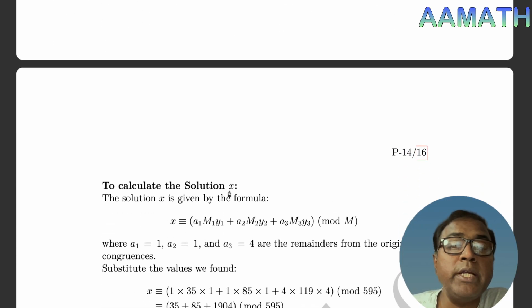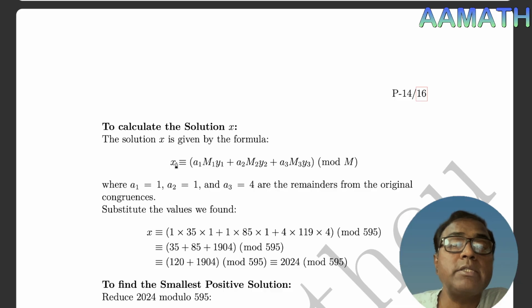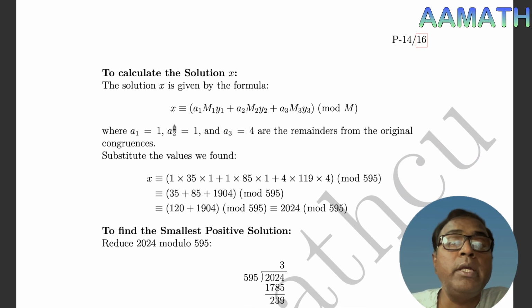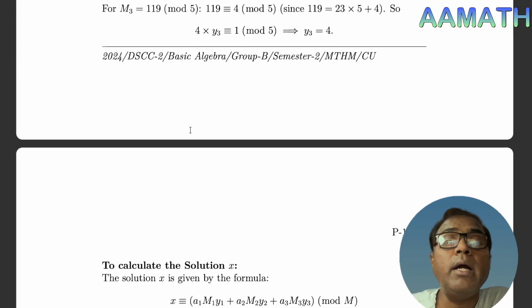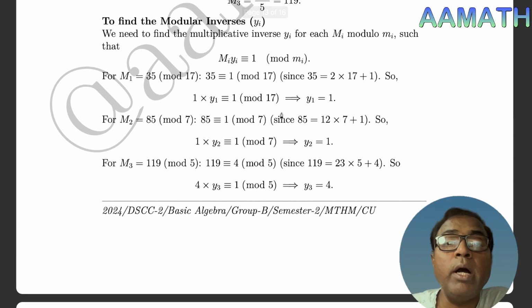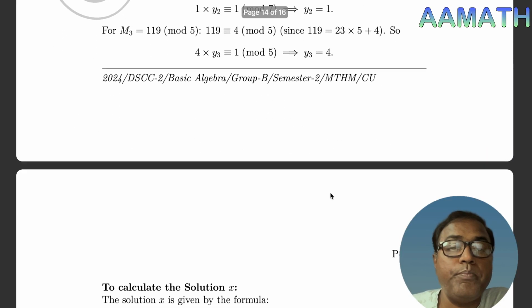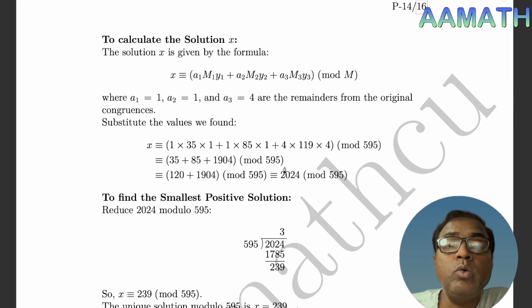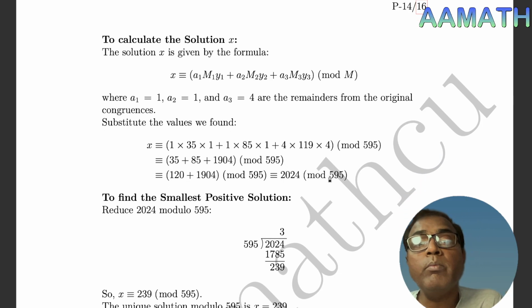To calculate the solution x, the formula is x congruent to a1 capital M1 y1 plus a2 capital M2 y2 plus a3 capital M3 y3 modulo capital M. Here a1, a2, a3 are 1, 1, 4. So substituting, we get 2024 modulo 595.